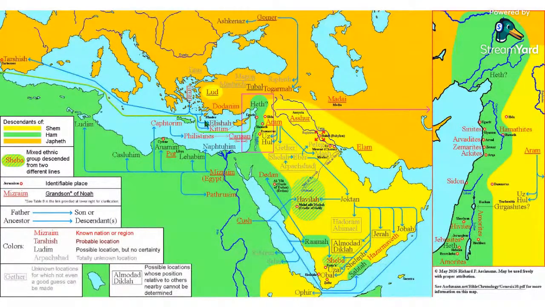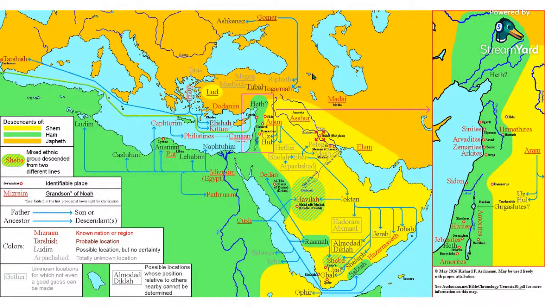And of course, later on there was mixing. So then Tubal went to Italy, from what I understand, and to this day there's 8% of the population in Italy still a direct descendant of Tubal, which would be the K haplogroup.